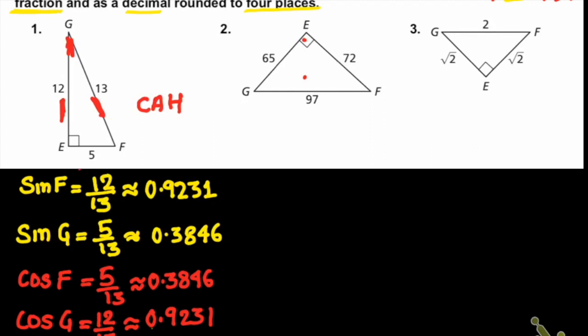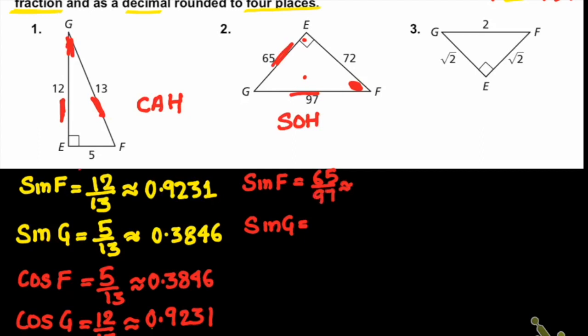We are going to find sine of F and sine of G. For F, sine is SOH, opposite over hypotenuse. That's going to be 65 over 97, and when you plug it in your calculator, you get 0.6701. That's your answer.